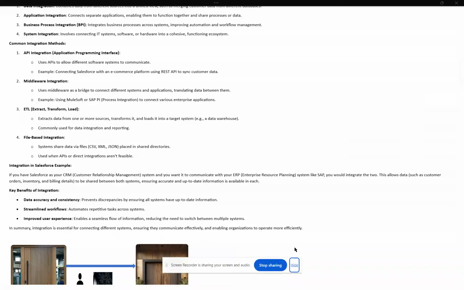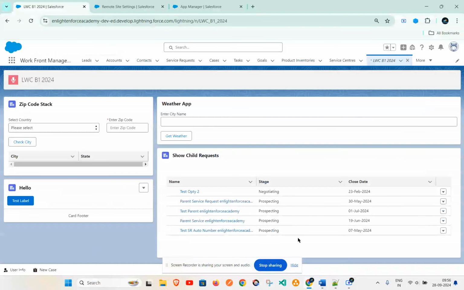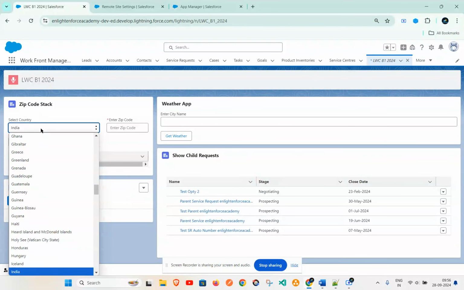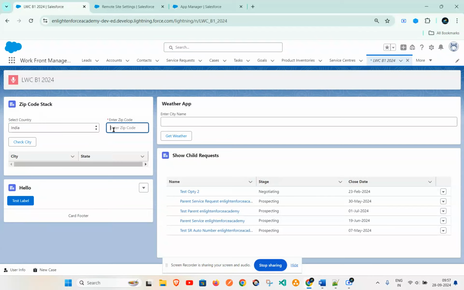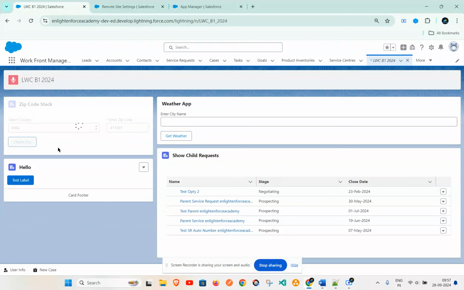I'll just show you a quick example. Suppose I want to get a zip code of any city from India, and I want to see which areas are associated with this zip code. I can just click on this.